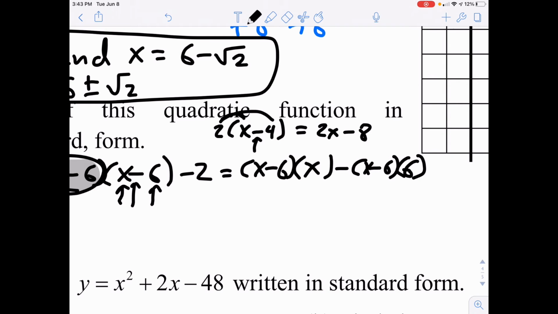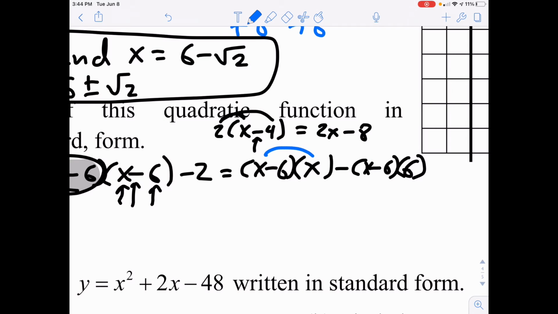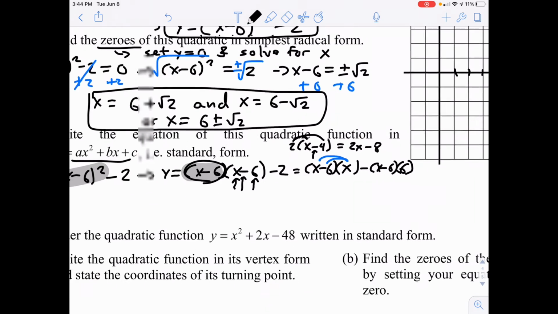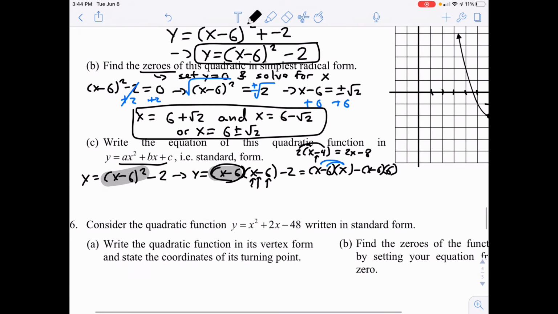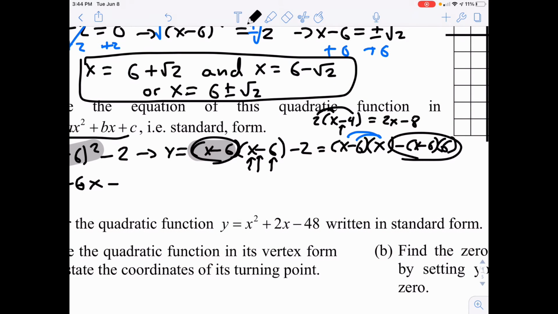Now I multiply through. X times x is x squared minus 6x. So I get x squared minus 6x. And then over on this part here, we get minus 6x minus 36. So minus 6x, minus 36.